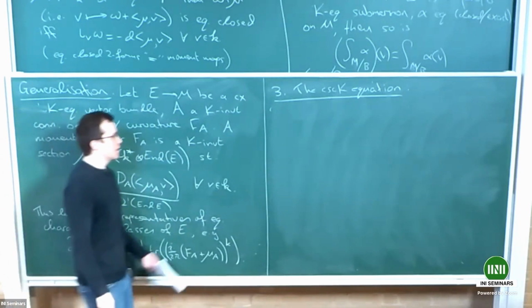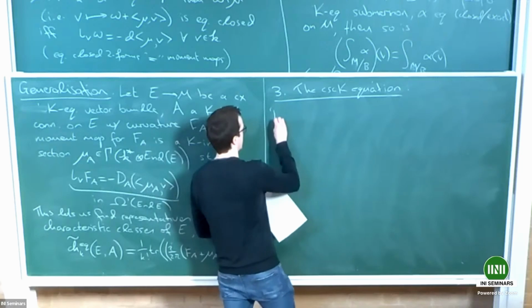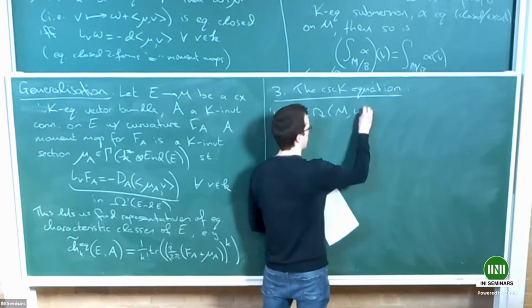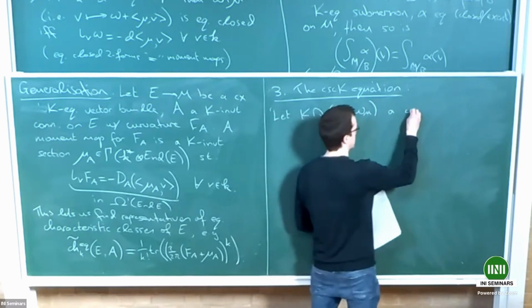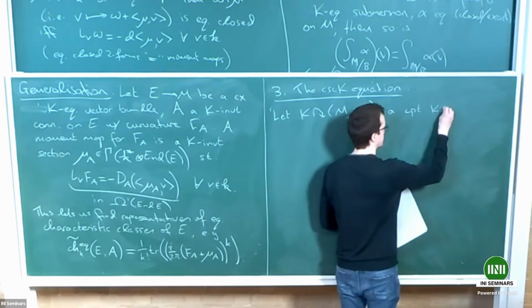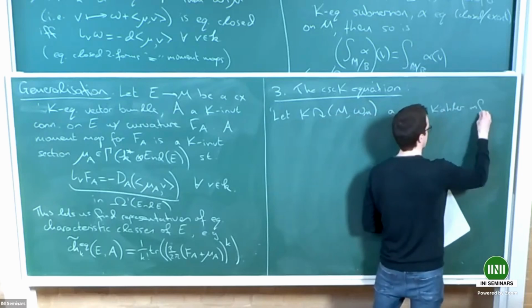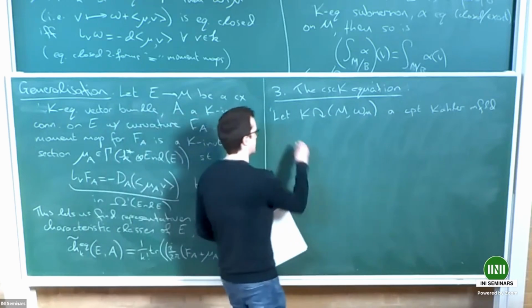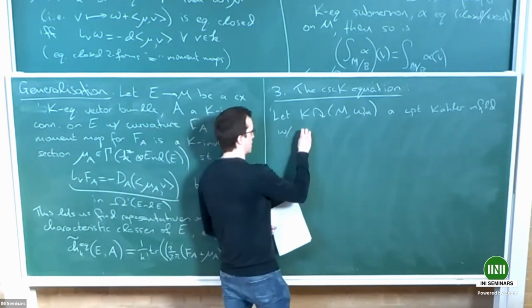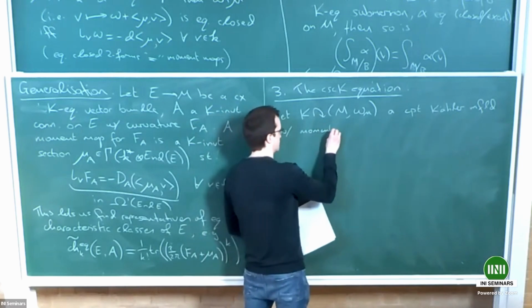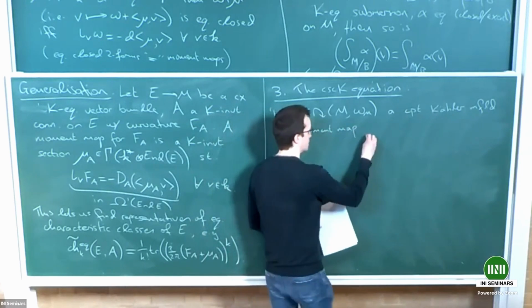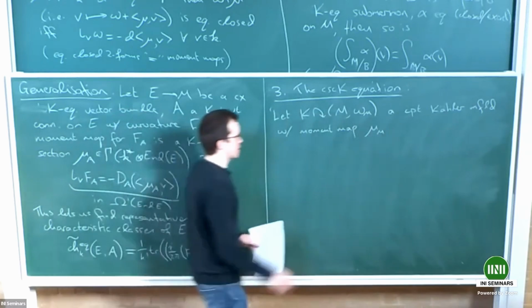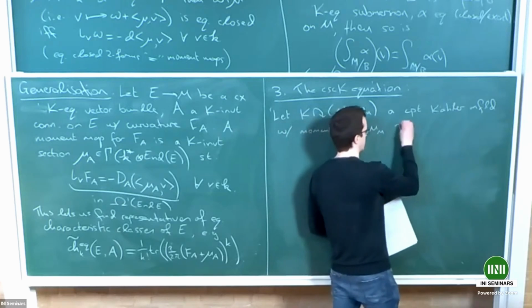So let's suppose that K acts on (M, omega_M), a compact Kähler manifold, and we'll assume that the action has a moment map mu_M. Then we have equivariantly closed two forms.